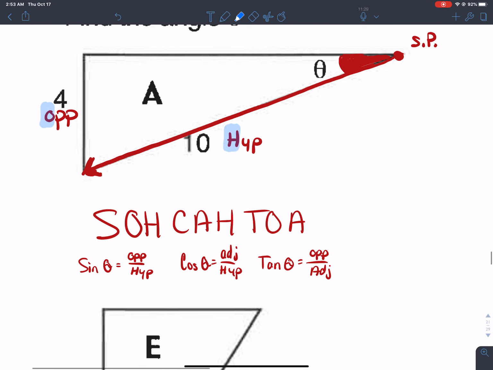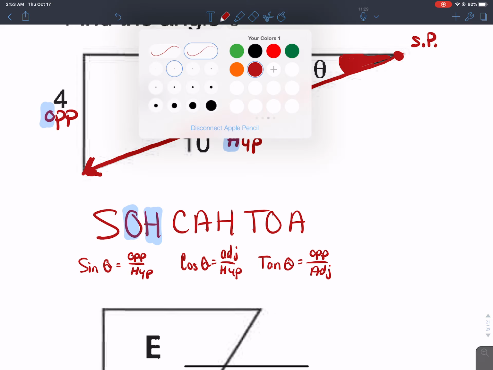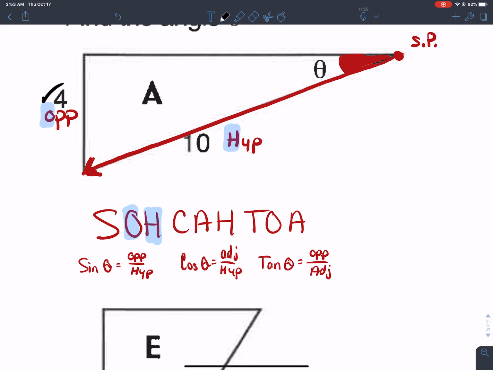Now, tangent has O and A, it can't be that because you don't have O and A, you have O and H. Cosine has A and H, can't be that because you have O and H. So by process of elimination, you have the O, that's the opposite side, and the hypotenuse. Sine is the one that we're going to use for this.